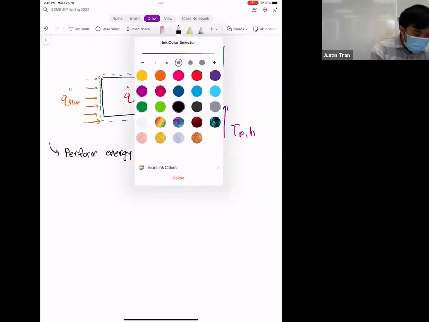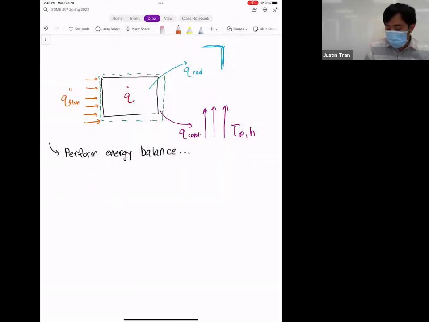Because they're all going to contribute to the heat gain or loss to this object. First, we're going to have the contribution from the prescribed heat flux. Okay, and then what I'm multiplying it by here is some area.